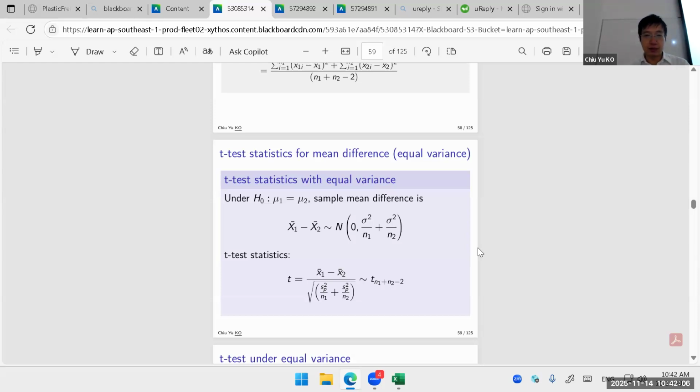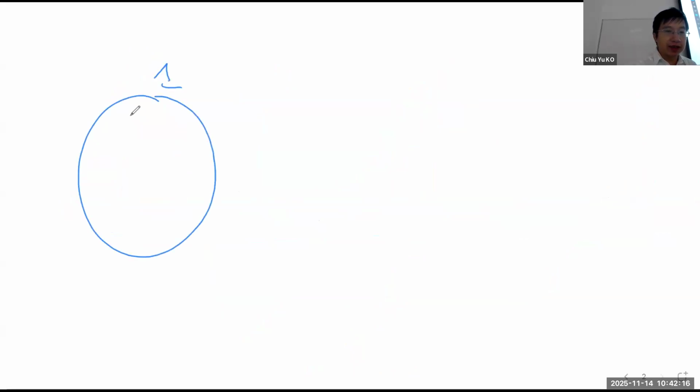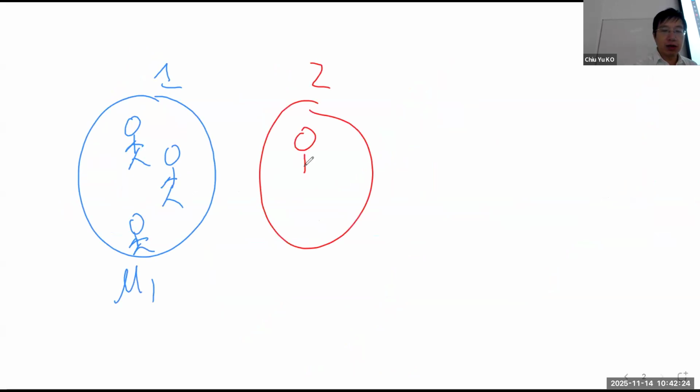Okay? Just let me draw it graphically, right? Basically, what you're saying is you have population 1, a bunch of men, right? That has mean mu1, right? And you may have a bunch of women, mu2, right?